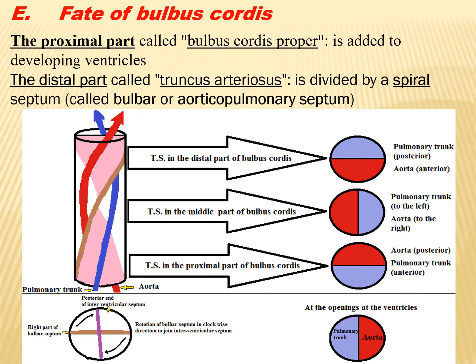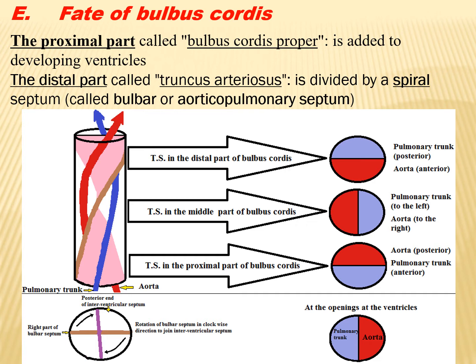So, fate of bulbus cordis. The proximal part, which is called bulbus cordis proper, is added or absorbed to the developing ventricles, as we said, forming the infundibulum of the right ventricle and aortic vestibule of the left ventricle.